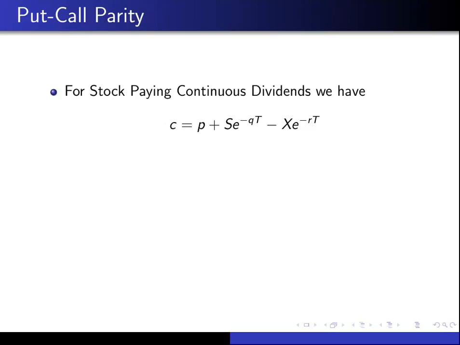If we look at stock which pays a continuous dividend, then we'd have C is equal to P plus S times e to the minus QT minus X e to the minus RT. So the share price now gets multiplied by an extra factor.